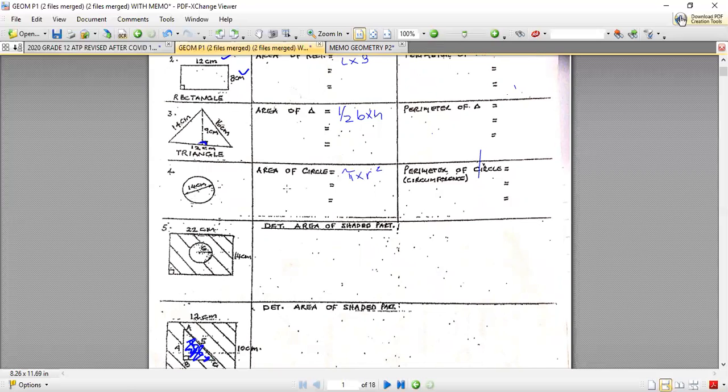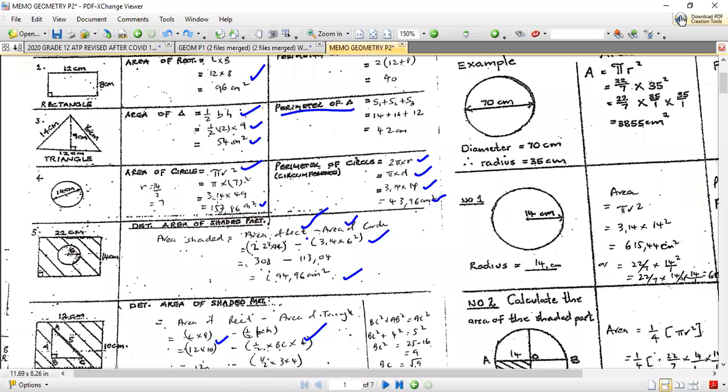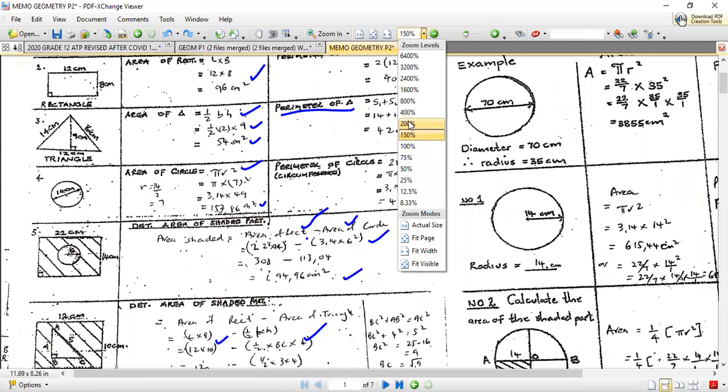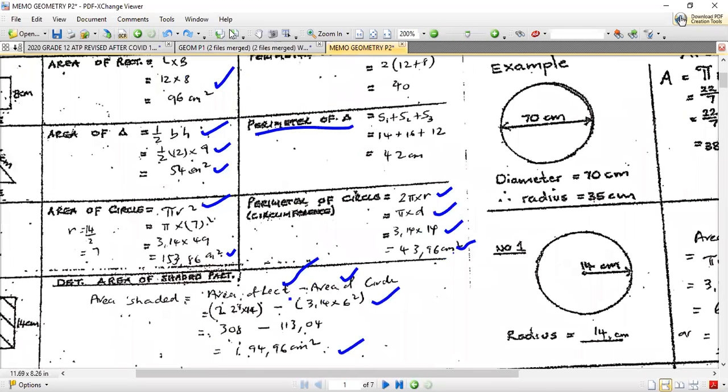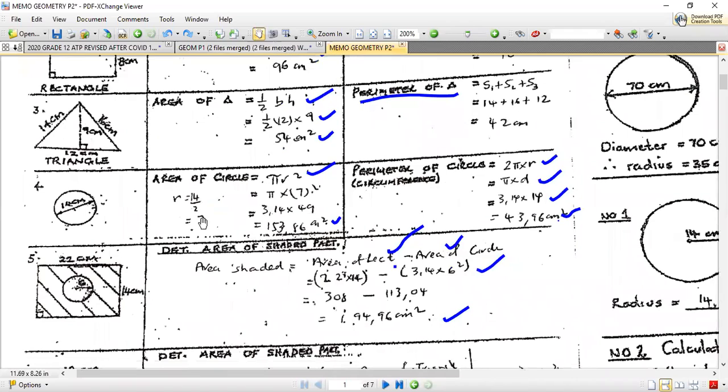So our circle radius, we have learned, will be half the diameter. It is half of 14, which is 7. Pi times 7 squared. Remember, the value for pi will be provided. Most of the time it is 3,14 times 7 squared, which is 49.